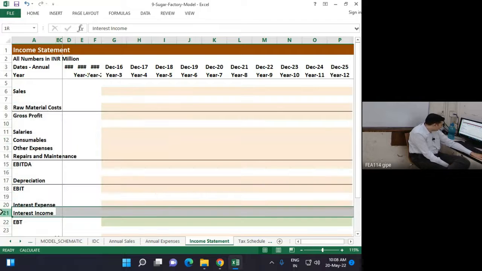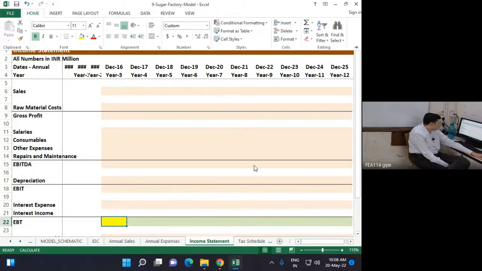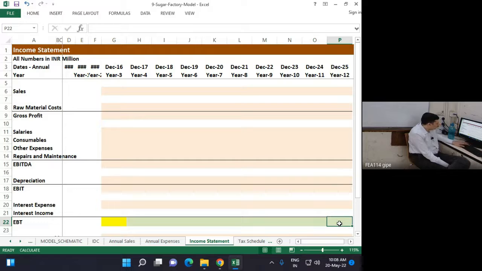Do not compute interest income yet. You find and tell me EBT for year 3 and year 12 without doing interest income. Every other line item has been calculated somewhere or the other, so you don't have to calculate anything again.